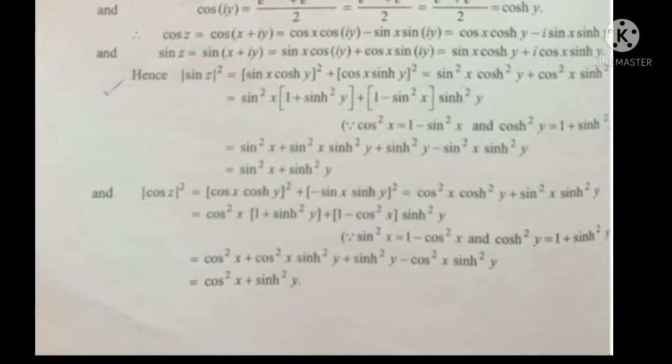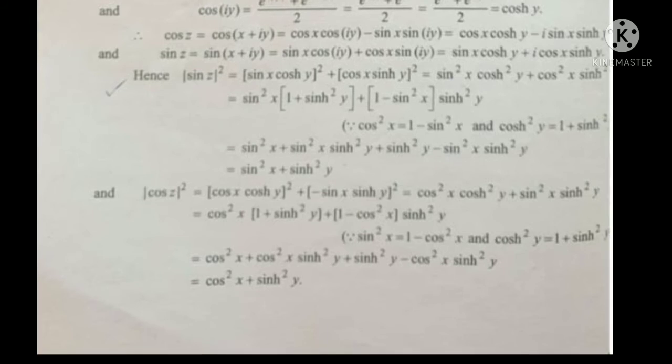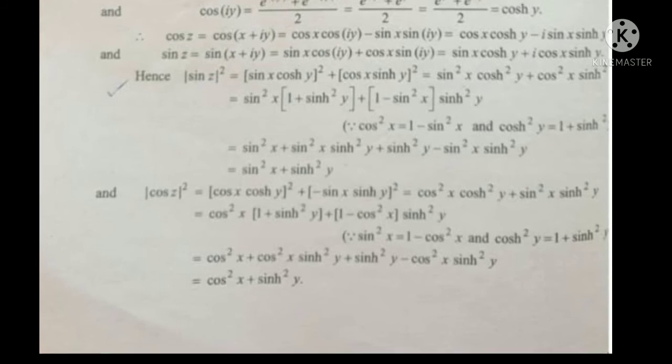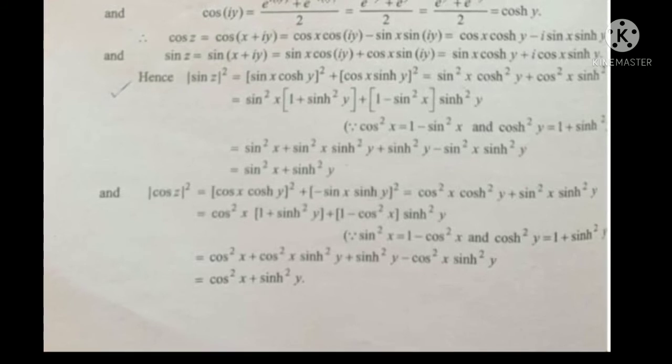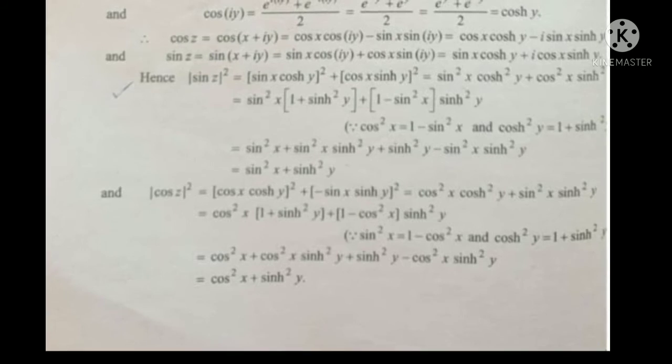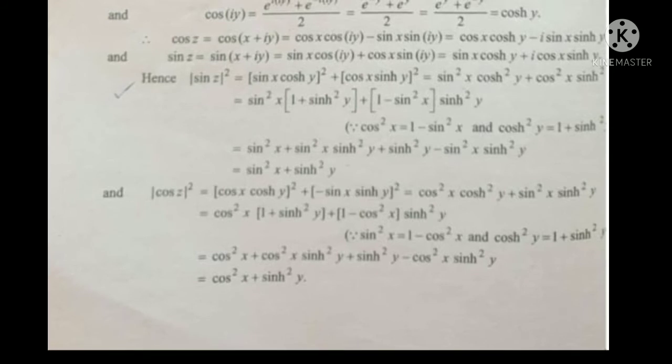We know that sin²x equals 1 − cos²x, and cosh²y equals 1 + sinh²y, which is equal to cos²x + cos²x sinh²y + sinh²y − cos²x sinh²y, which is equal to cos²x + sinh²y.